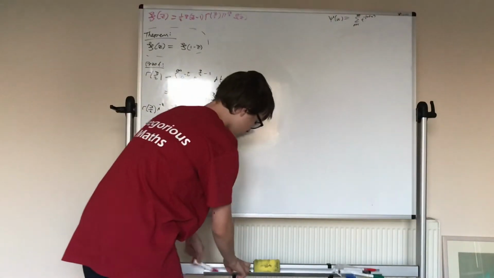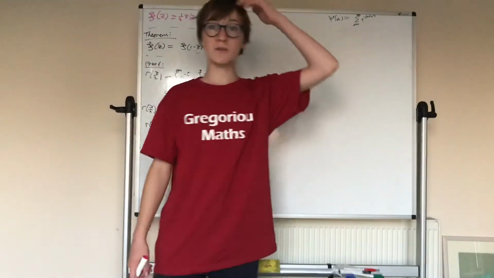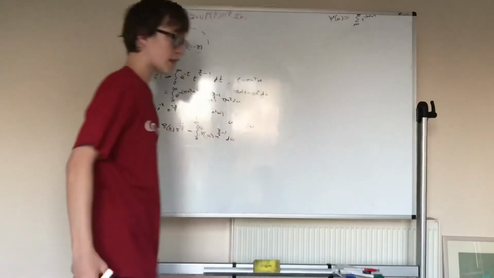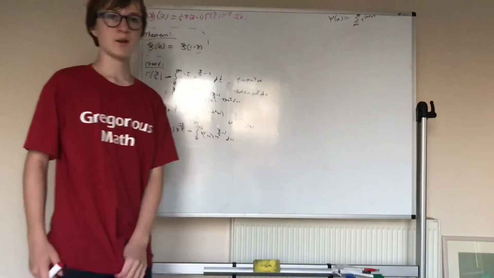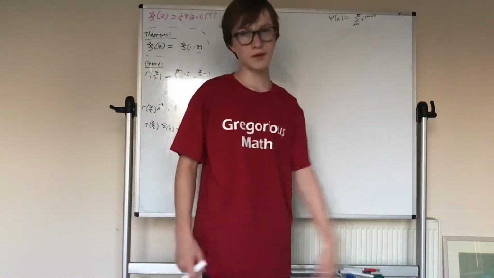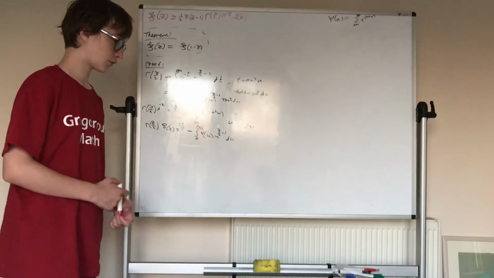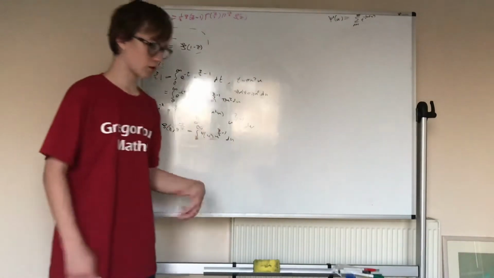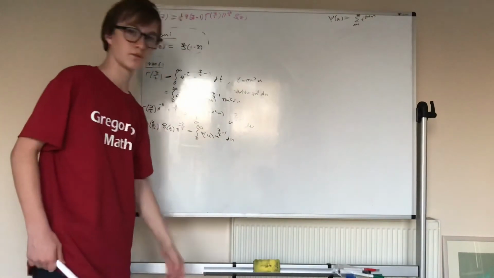And from there, using the fact that the sum from n equals negative infinity to infinity, well, because we have an n squared here, that's equal to 2 times the sum from n equals 0 to infinity, which is just equal to the sum from n equals 1 to infinity plus the point where it's 0 plus the sum from n equals 1 to infinity.